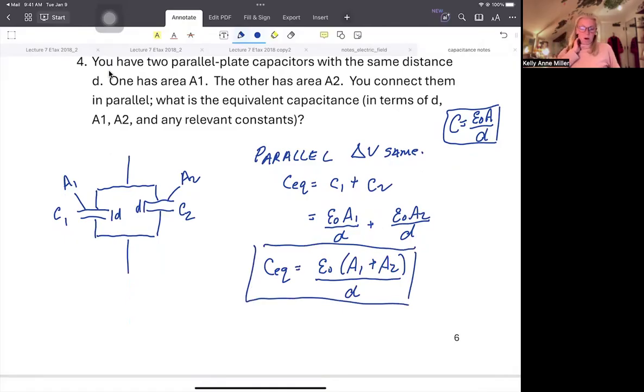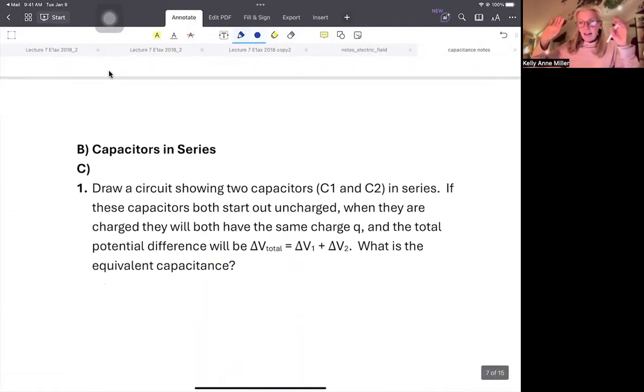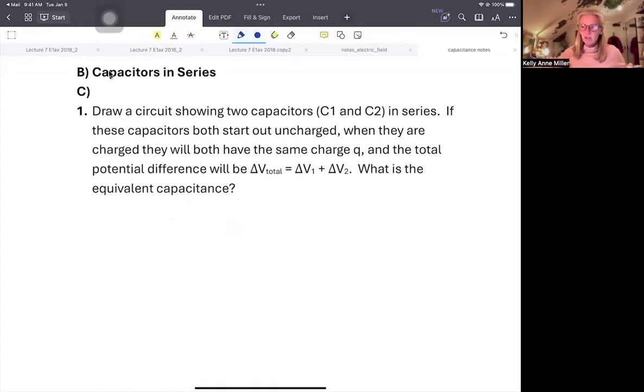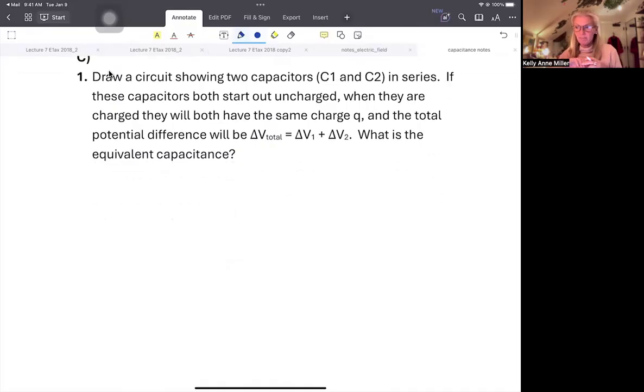Now that we've looked at capacitors in parallel, we're going to look at the other way capacitors can be connected together. There's really only two cases, parallel and series. So now let's look at series. We're going to draw a circuit that shows two capacitors in series.